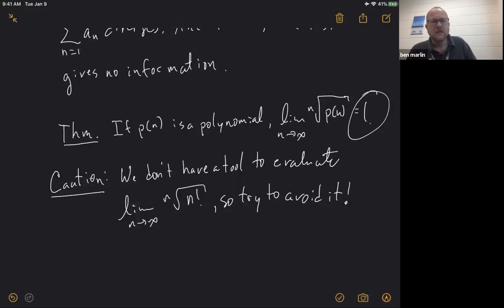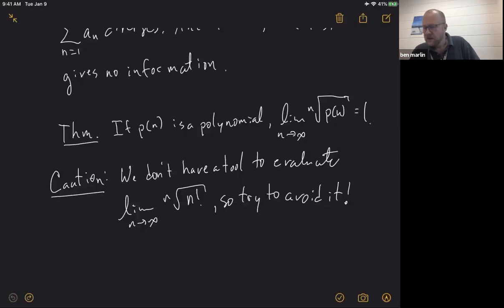So anytime you get a polynomial, the nth root will go to 1. So consequently, when you've got something like n divided by 2 to the n, when you take the limit as n goes to infinity of the nth root of n, boom, it's 1, all right?